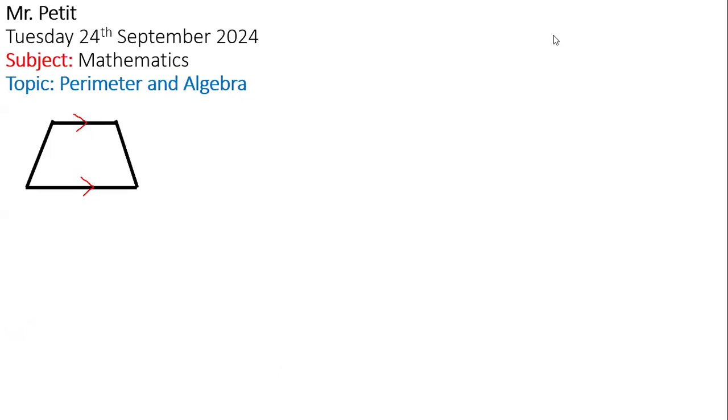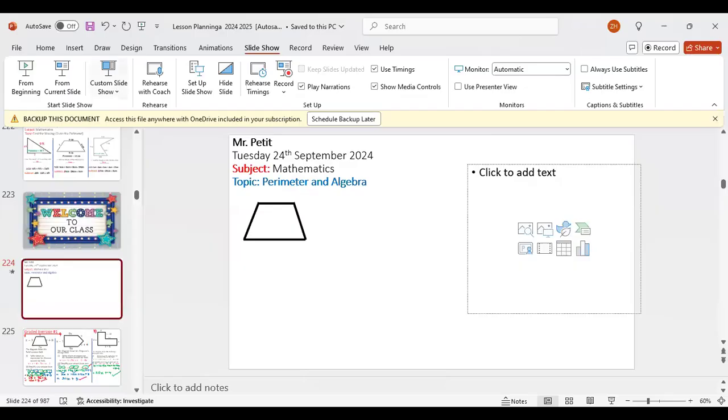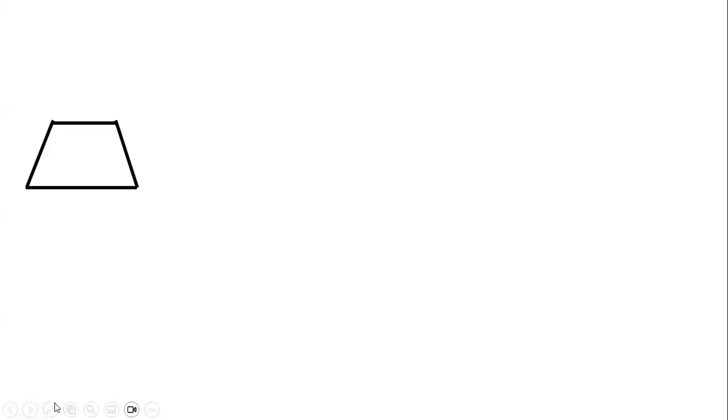So for this trapezoid, we are going to label it, give it some names. Typically in a regular perimeter question, we would have numbers like this will be 8, this will be 9, this will be 10, this will be 11.